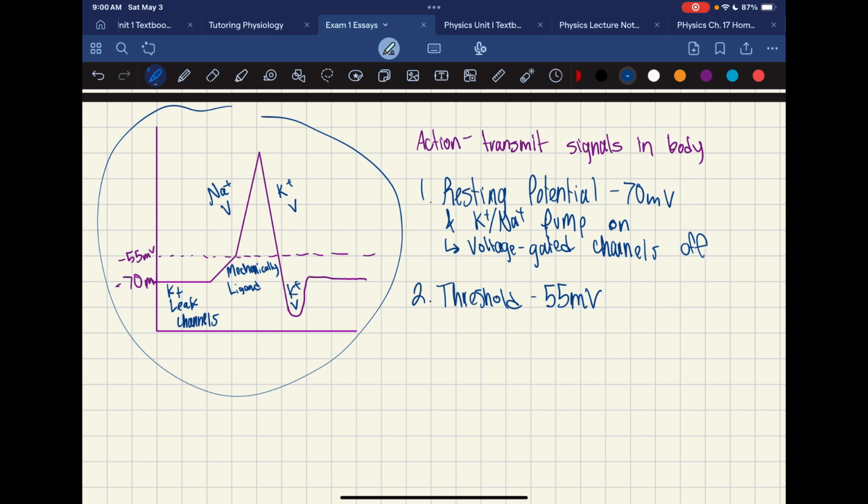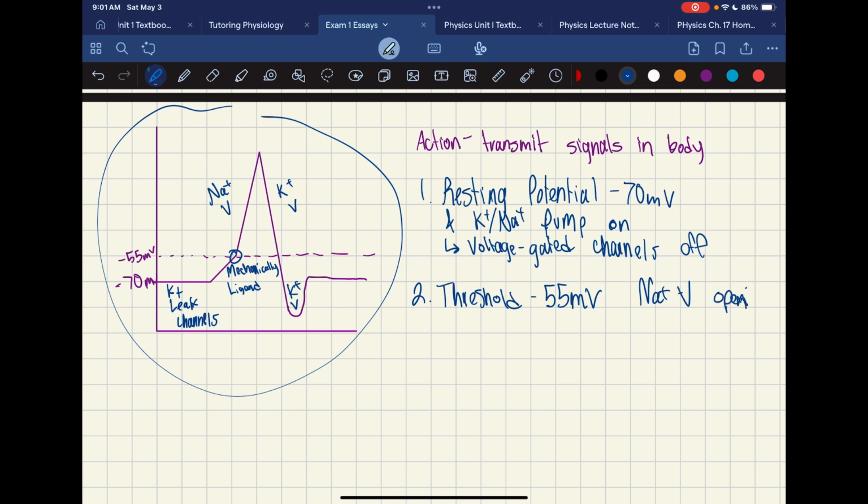So once we hit threshold due to a graded potential depolarization, like we talked about, mechanically gated or ligand-gated channels opening up, this allows the threshold to be reached, which then allows these sodium voltage-gated channels to open.